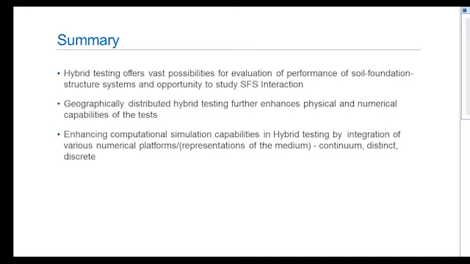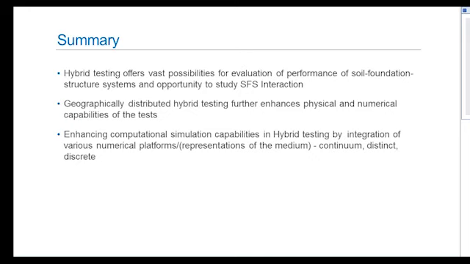Some of the ways to enhance the testing on the physical side are these geographically distributed hybrid tests that can utilize either expertise or physical equipment that's available in labs to facilitate testing of larger specimens.